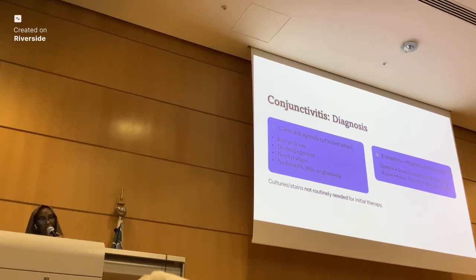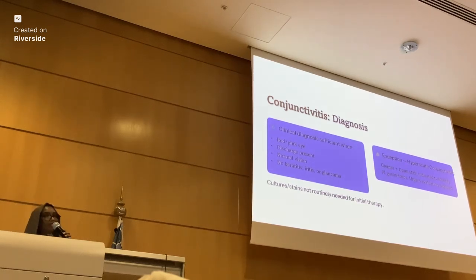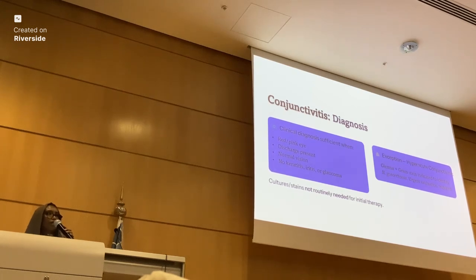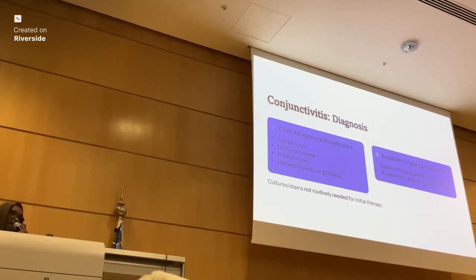But when you start to see discharge of a more purulent nature, you send your sample to the lab to be able to identify the causative agent. And here we care about Neisseria gonorrhoeae or chlamydia, because both of them could lead to blindness.